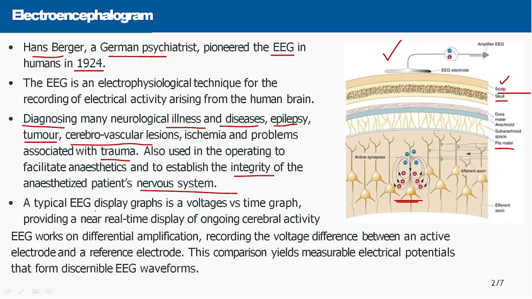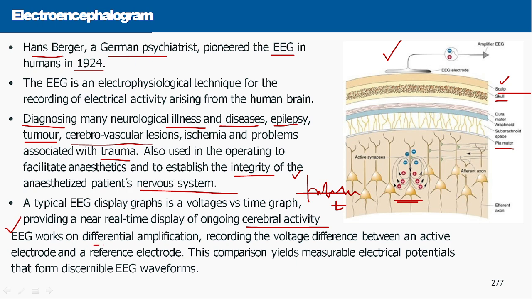A typical EEG display is a voltage versus time graph, so we have time and voltage, and the waveform will move. It provides a real time display of ongoing cerebral activities.